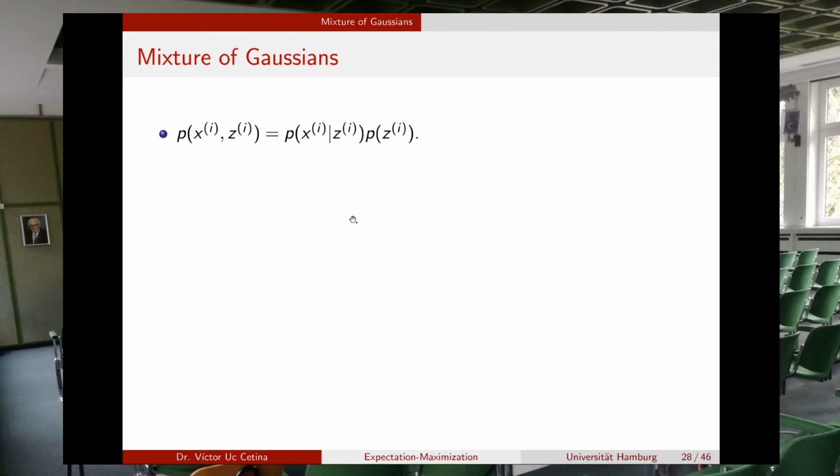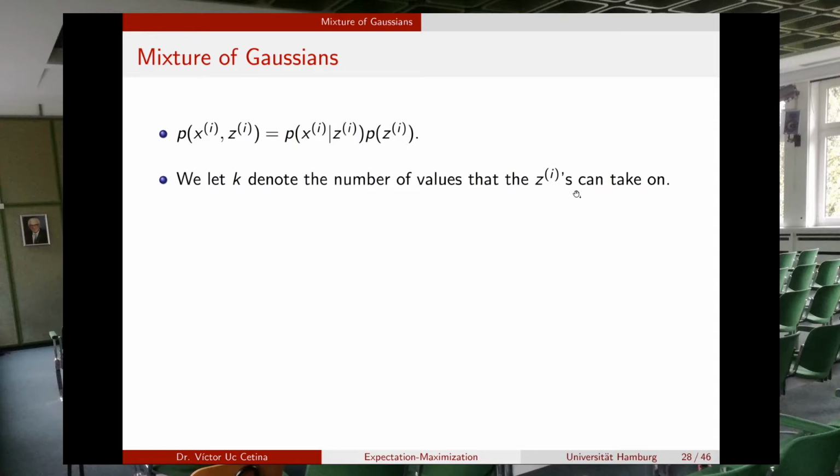So as we said, the joint probability of the input vector x and the label z can be written as the product of the conditional probability of x given z times the probability of z. And as I said before, we let k denote the number of values that the z's can take on.